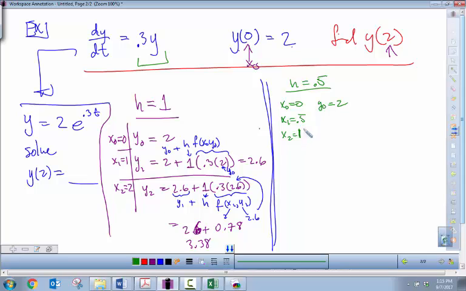With a smaller step size, you're going to get a more precise value, but it'll take a lot more work because you have more calculations. So we're going to go all the way up to y sub 4. The first one we just did y sub 2 because it only takes 2 steps to get there. So now we want to go to y sub 4.